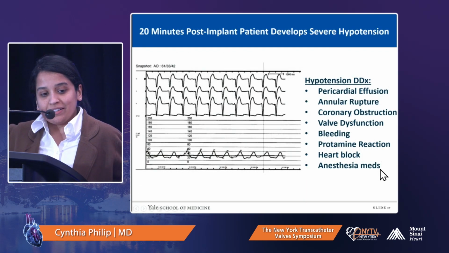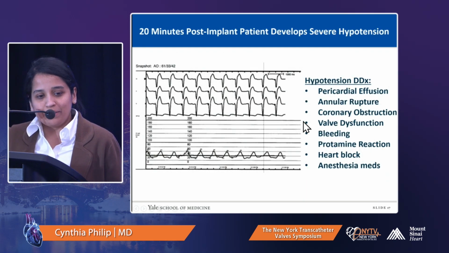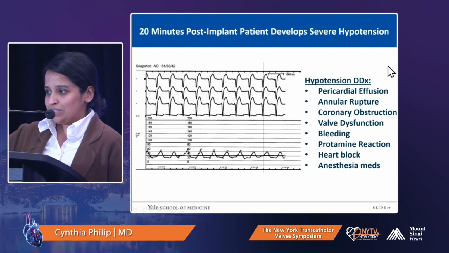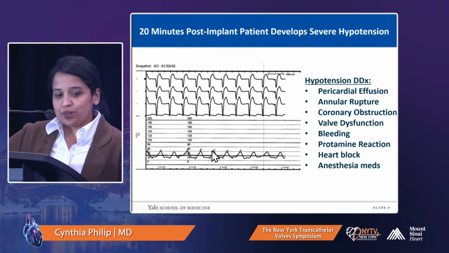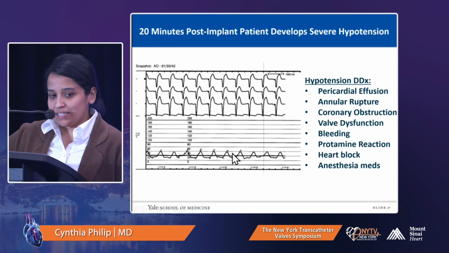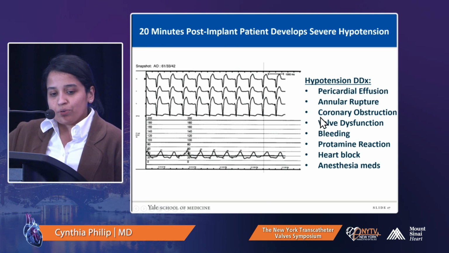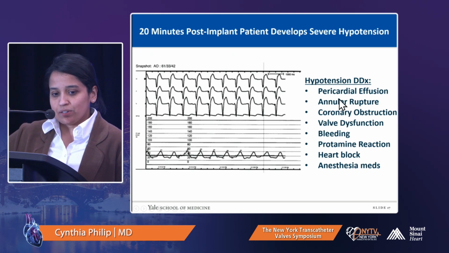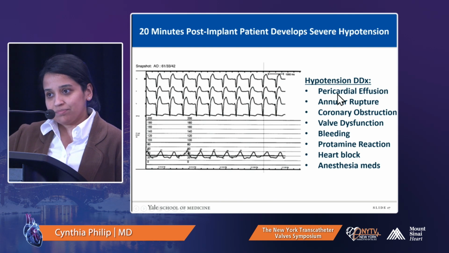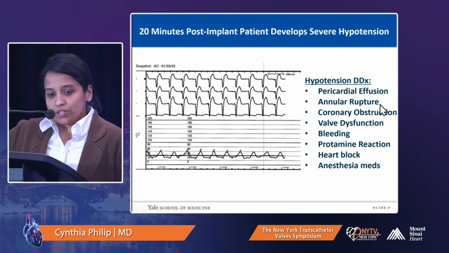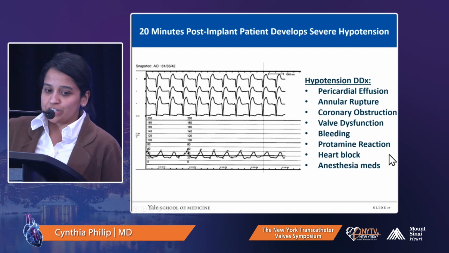So closing the subclavian access, and then 20 minutes after, the patient develops severe hypotension. So you can see here her systolics are in the 60s, and she's got some EKG changes as well. So when we see this during a TAVR, we should consider a few things. So it includes pericardial effusion, either from RV pacer rupture or LV wire rupture, annular rupture, coronary artery obstruction.